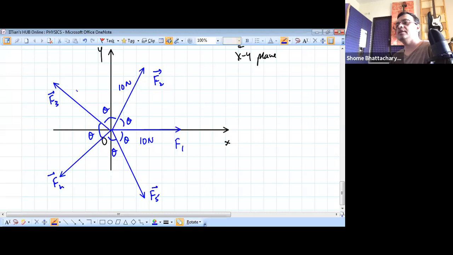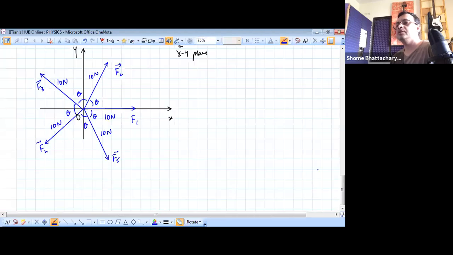And the forces are all 10 newtons in magnitude. So this is the meaning of the earlier statement about the geometry of the forces. They are all of equal magnitude 10 newtons each, but they are also spread out like this. So from the diagram, you can see that 5 theta would be equal to 360 degrees. It means each of those angles is 72 degrees.